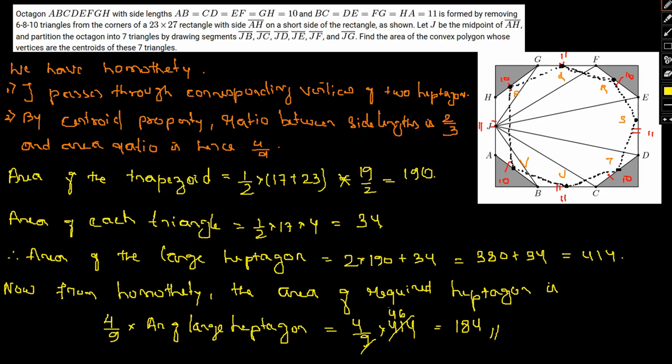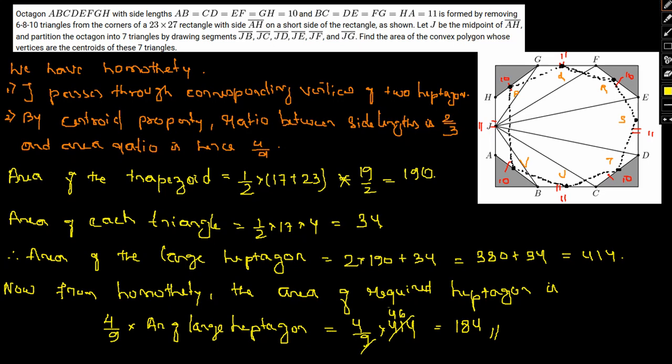So hopefully the method is clear to you. Let me just sum up what we have done. We have the figure, and we took out the midpoints of all the sides of the octagon that was provided, except for J, and then we created a heptagon out of the same.